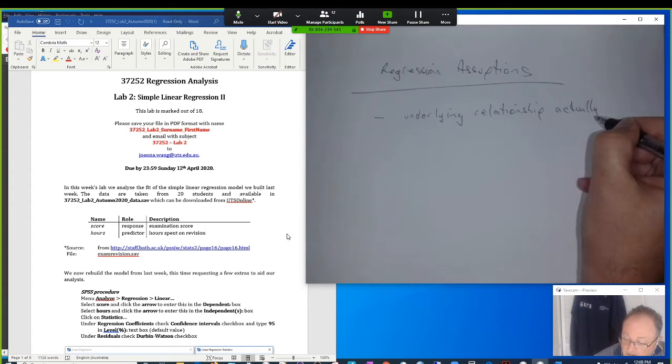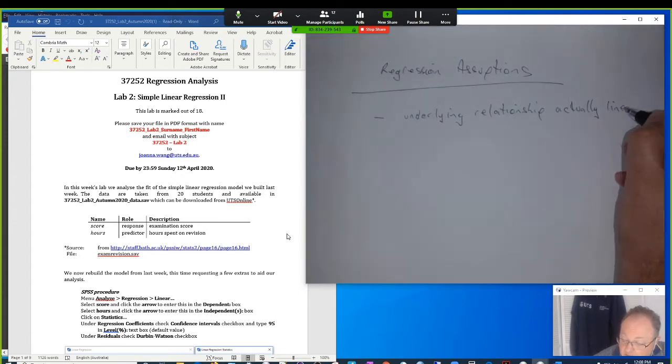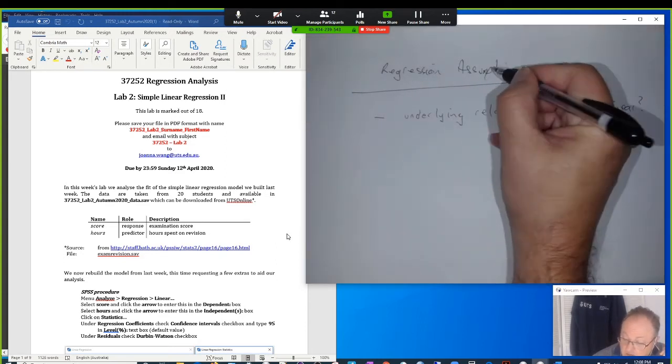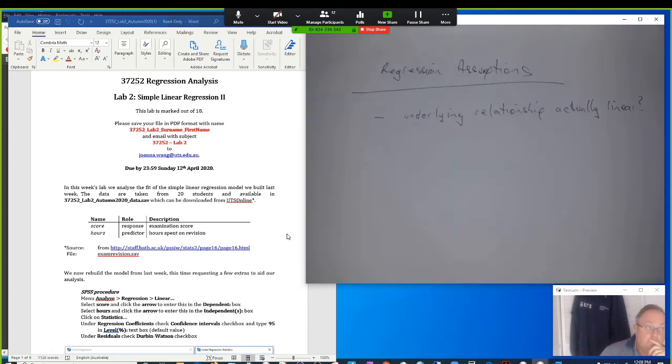These are the things you'll need to be able to nail down for any kind of assessment or exams that come up. What are your assumptions?